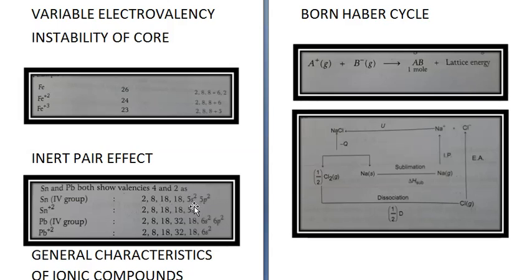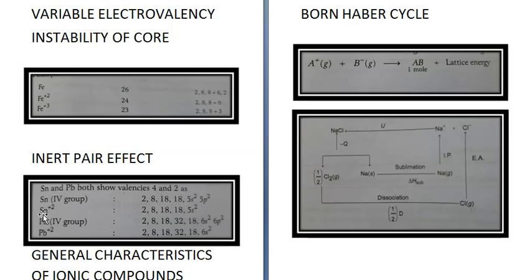Then the valency should be +4. But it also shows Sn2+, because this 5s2 in itself is stable. So these 2 electrons of the s orbital do not take part in bond formation. Only the p orbital electrons are lost. So it gives you Sn2+.